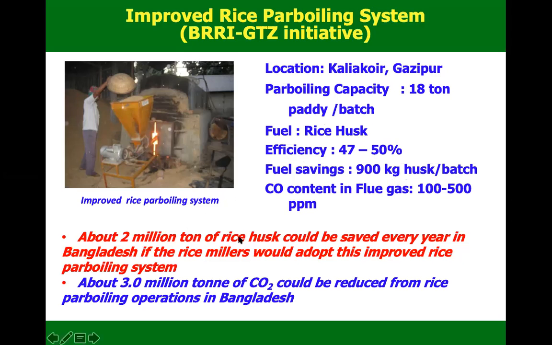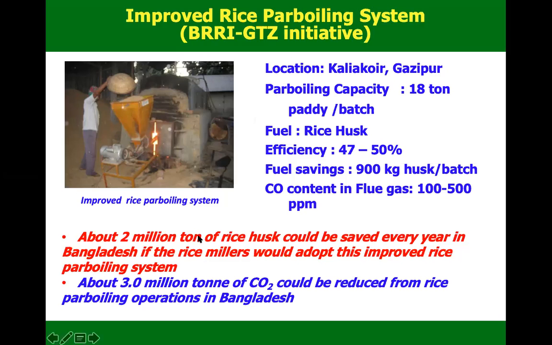About 2 million tons of rice husk would be saved every year in Bangladesh if the rice millers adopted this improved rice parboiling system. Especially GTZ, a German company, and the Bangladesh Rice Research Institute jointly introduced a parboiling system.